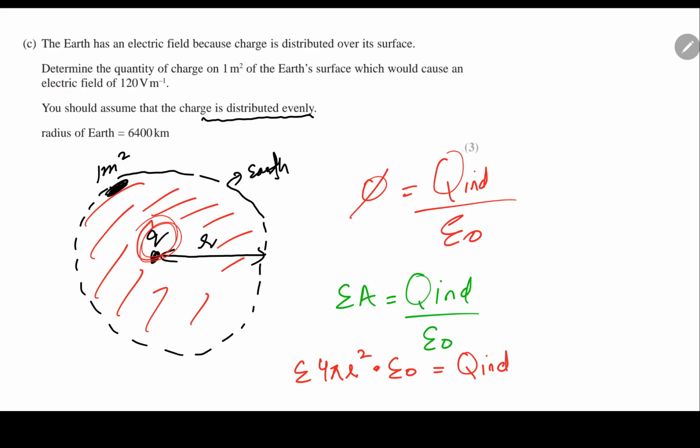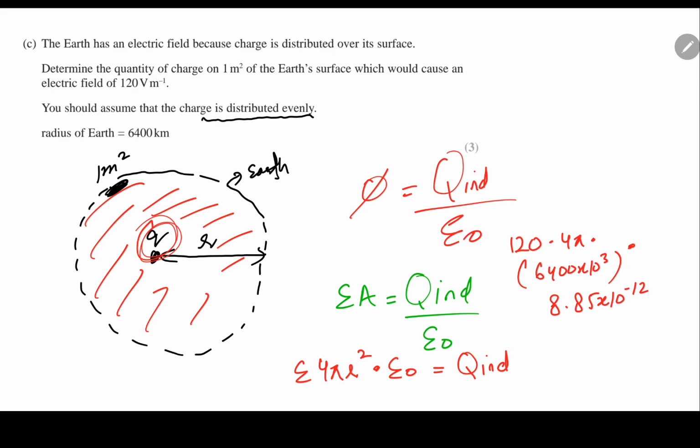So let's find this Q inside. I have 120 times 4 pi times 6400 times 10 to the power of 3 squared, times epsilon naught, which I think is 8.85 times 10 to the power of negative 12. Let me just verify that.